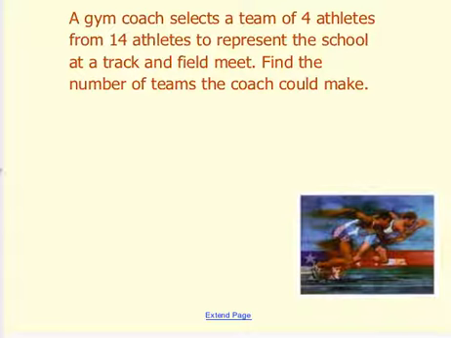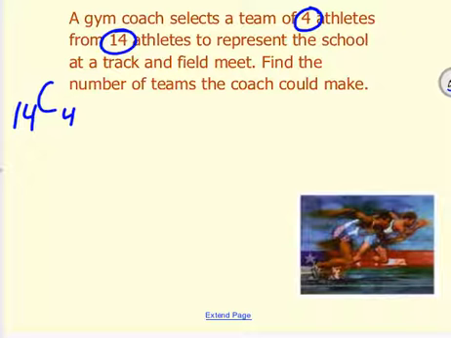Next one. A gym coach selects a team of 4 athletes from 14 athletes. All right, so we need to select a team of 4 from 14 at a track and field meet. Find the number of teams. Nothing mentioned about certain things. So 14, we need to choose 4, so we're going to do 14 minus 4, and then a 4.